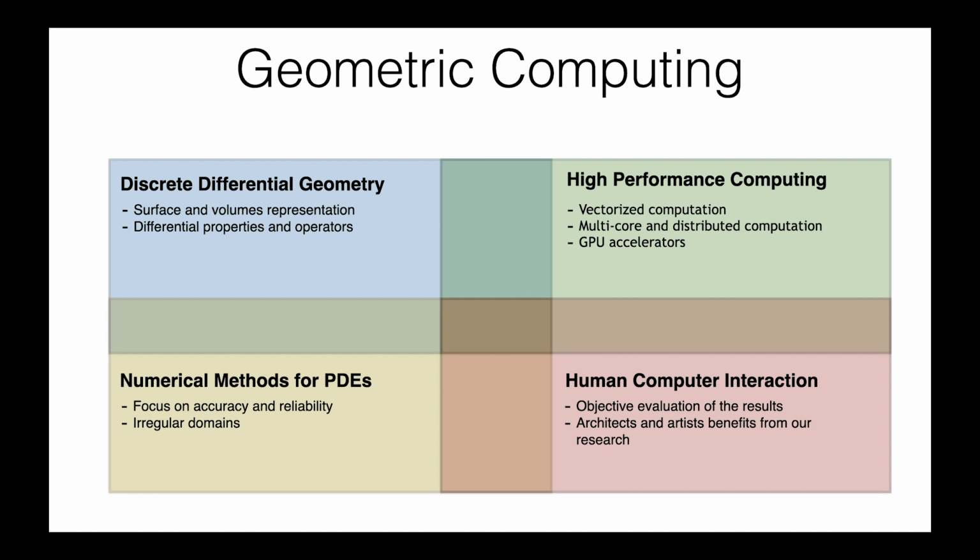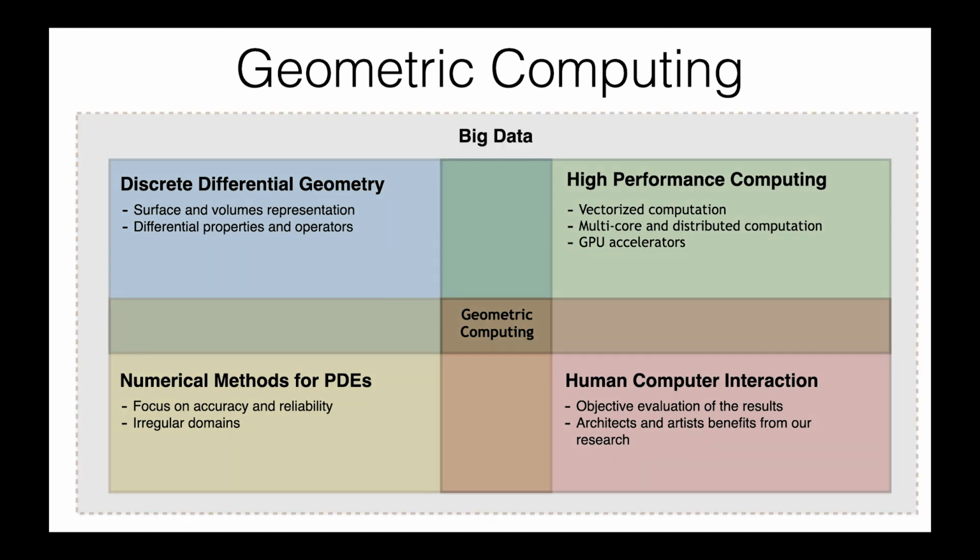So it's also a question of how you expose these interfaces to users to edit or work with 3D geometry. Geometric computing is somewhere in between all these fields, and especially now it has to deal with large collections of data, which is something new that, at least in our community, has only started to be studied recently.